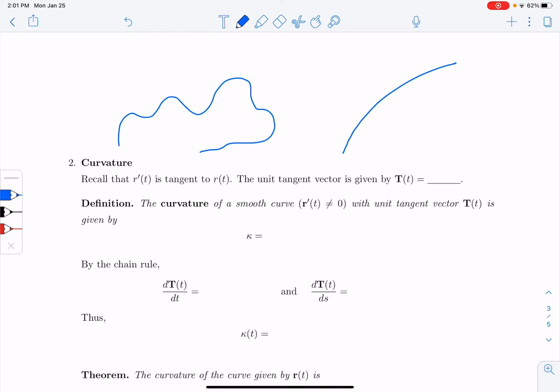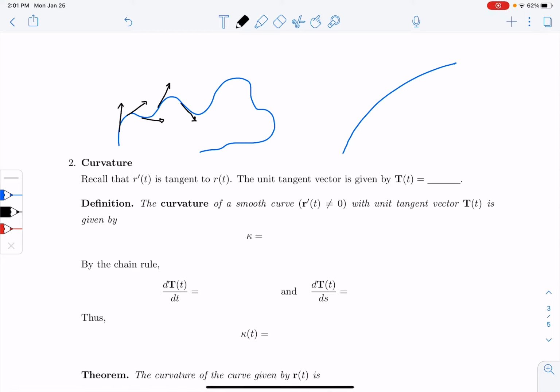Well, one way to think about that is to look at tangent vectors. So we can look at how a tangent vector changes as I move along a curve.